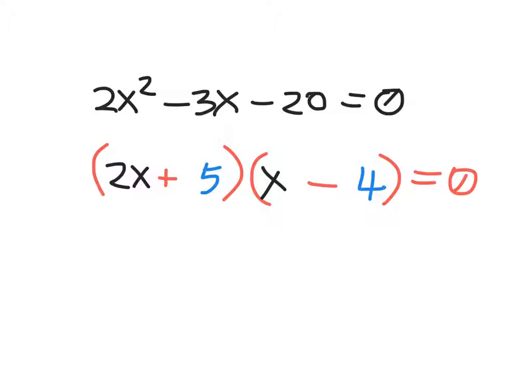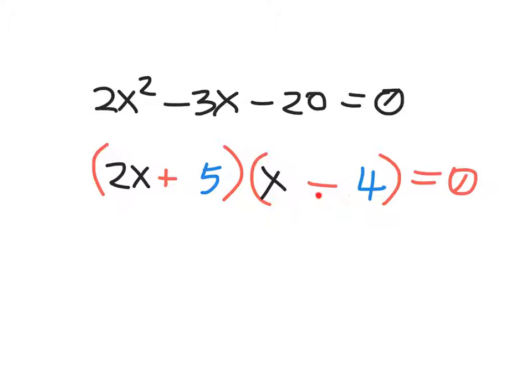The reason for that is because 2 times negative 4 is a negative 8, and 5 times this invisible 1 right here is 5, and 5 plus negative 8 gives me the negative 3 that I'm looking for. All right, so that's the idea. So we have properly factored this one, and let's see what we've got here.